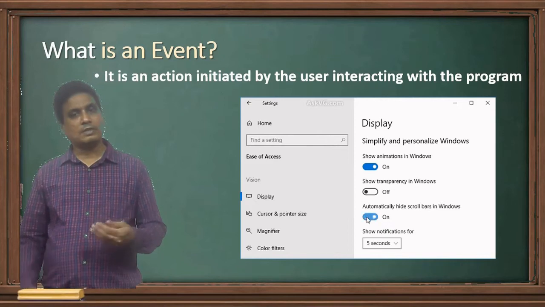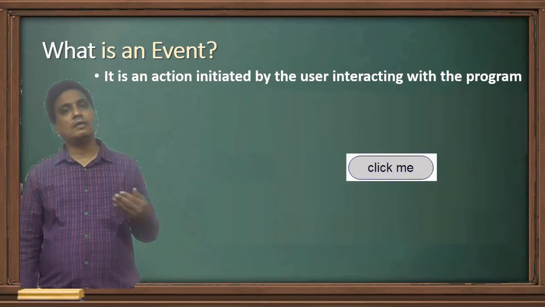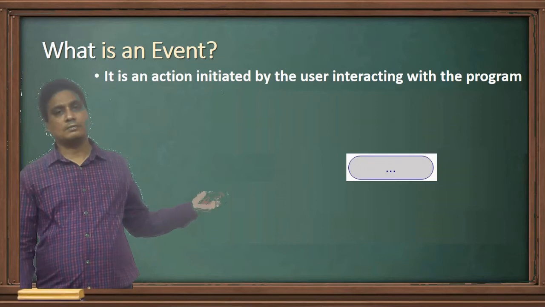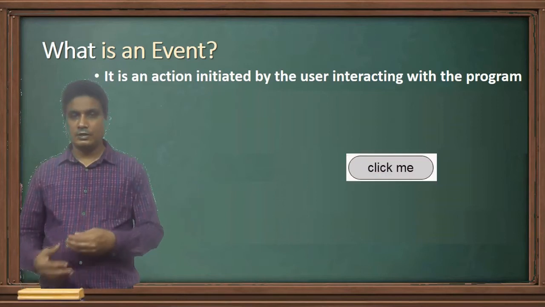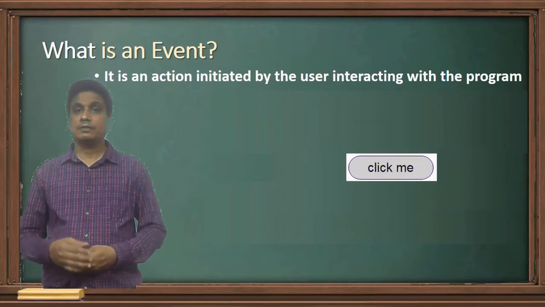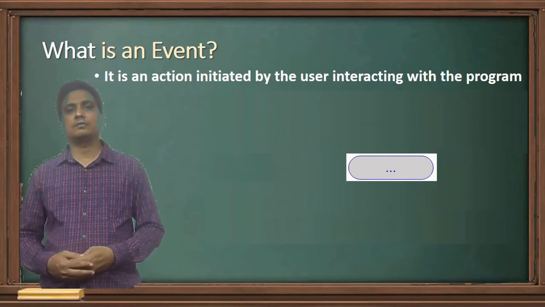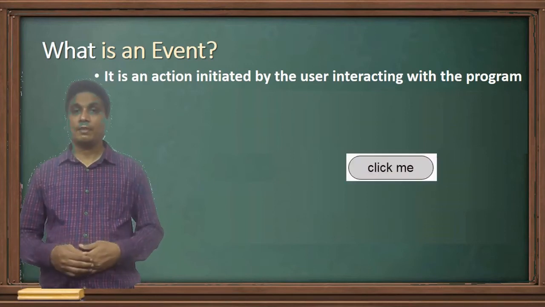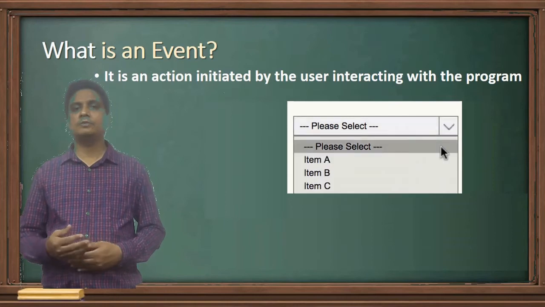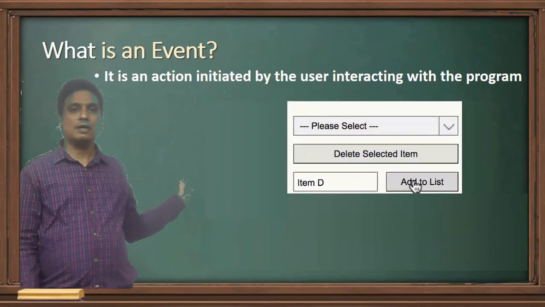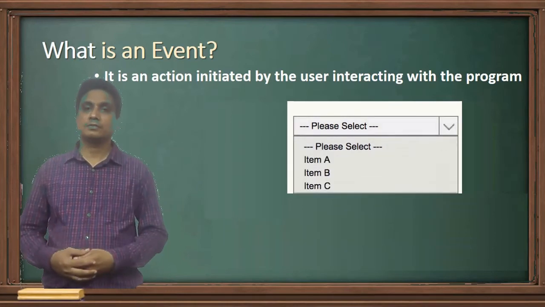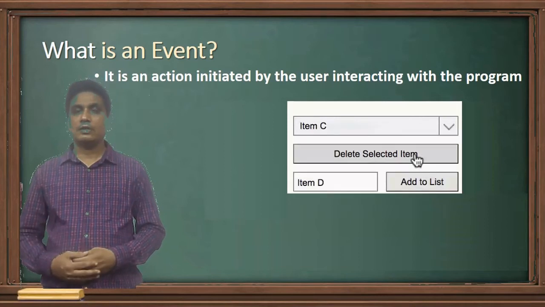The simplest action could be a user clicking on a button. So when a user clicks on a button, this is an event for our program. In the same way, a user can select some of the items from a drop-down list. This is also an event.